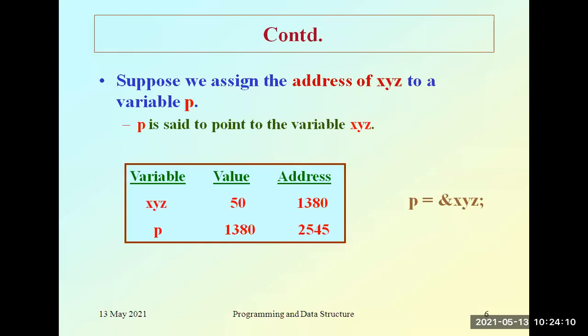So xyz contains the value 50 and its address is 13850. So P contains the 13850 address. Okay, clear, understand, students?